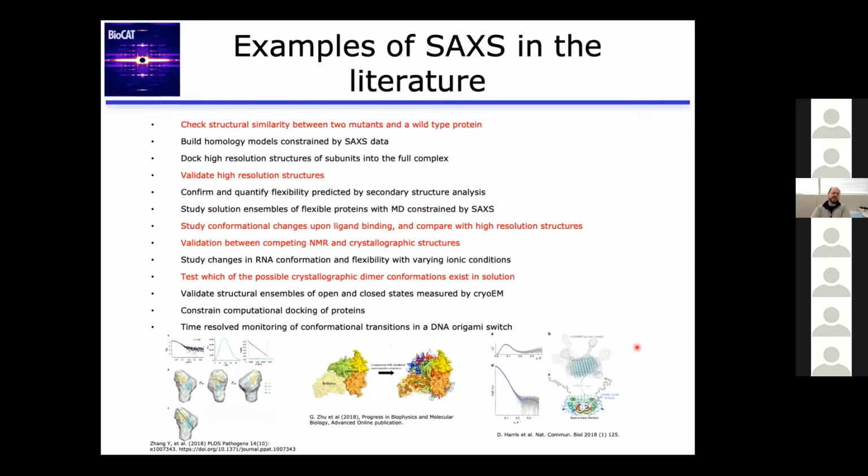So this is just a slide I put together a couple years ago. I went through the papers from the previous year, 2018, and just pulled out a few examples of things that people are doing with small angle scattering.